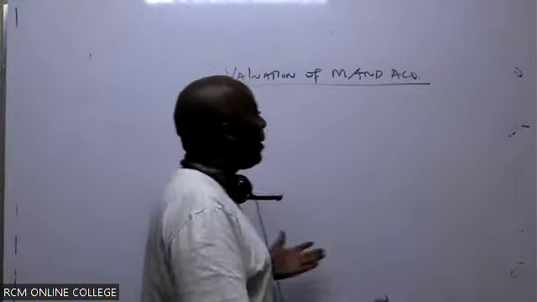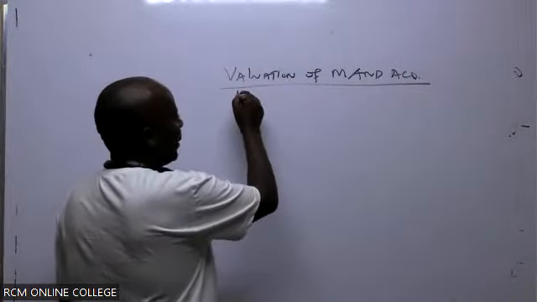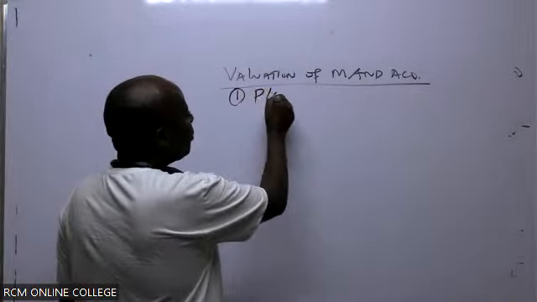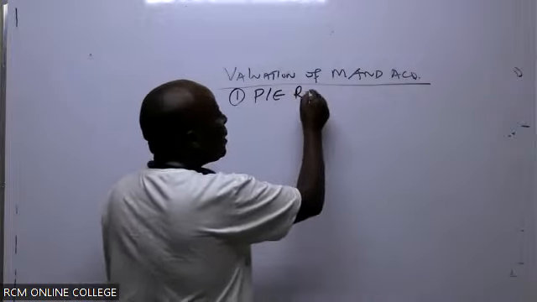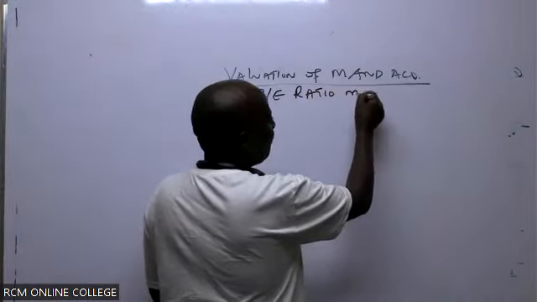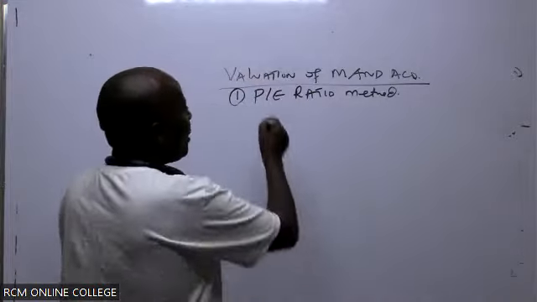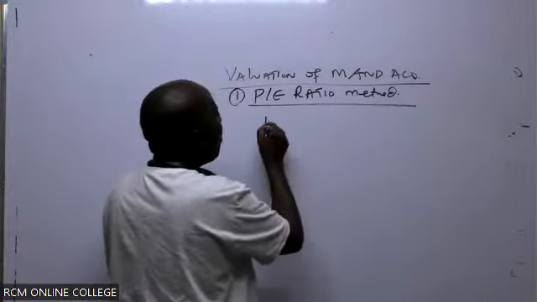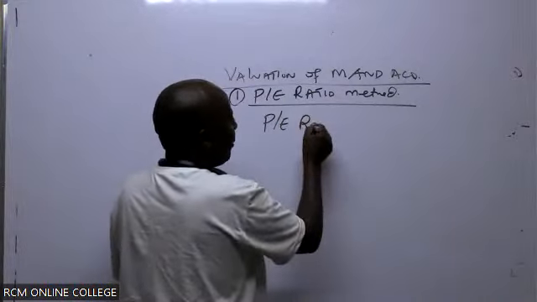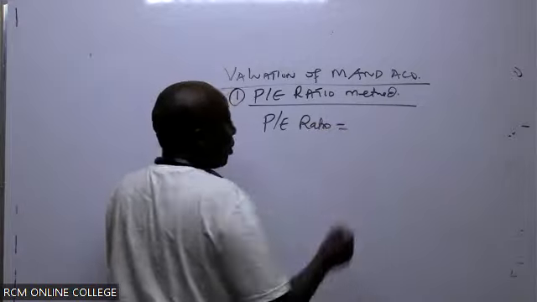So we have very many methods of valuing these mergers and acquisitions. One of the methods is what we call the PE ratio method. If you can recall, is there anybody able to remember the PE ratio formula?